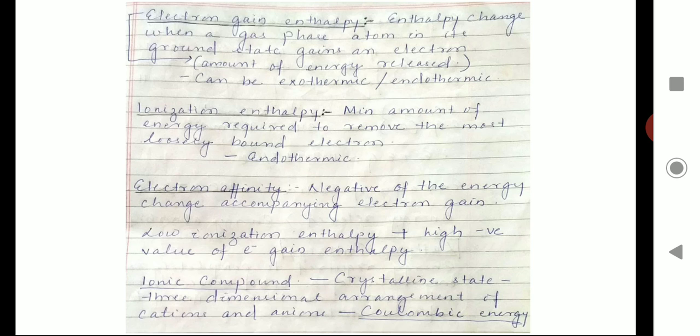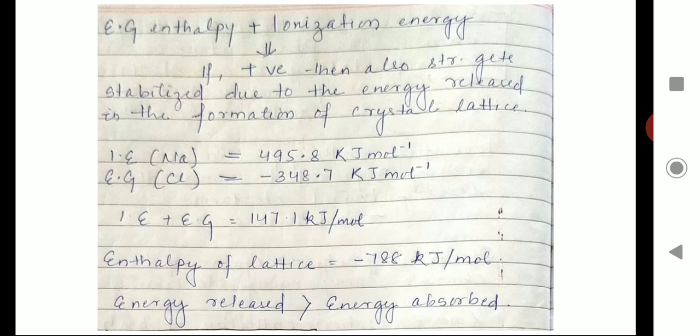We know that the ionic compound involves positive and negative ions, thus the electrostatic force comes into the picture, and thus the Coulombic energy. Here the cations and anions arrange themselves in three dimensions in the crystalline state. So, these are the two energies we know.